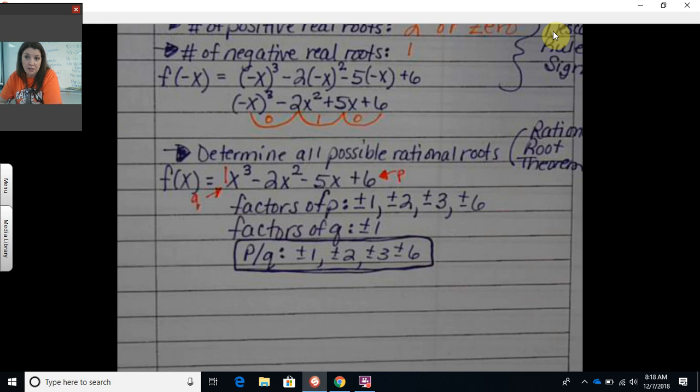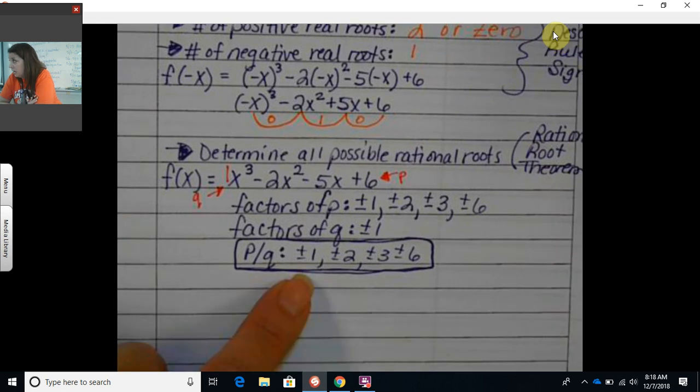But we're going to use synthetic division, so I'm going to have to teach you how to do it now. We're going to use synthetic division to help us figure out if any of these possibilities are actually solutions or roots or zeros, okay?